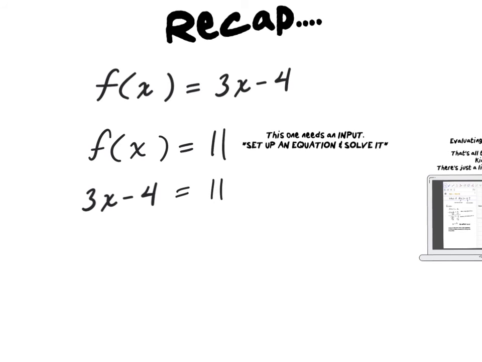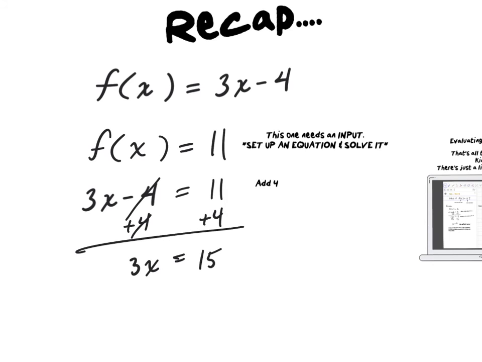I set my function equal to 11, and then I begin solving. So I add 4 on both sides, I get 15. Bring down my 3x. Now I can divide by 3. 15 divided by 3 gives me 5. My input is 5.